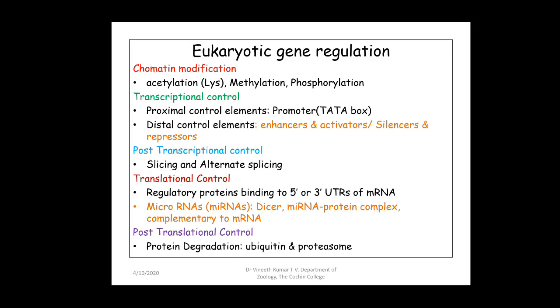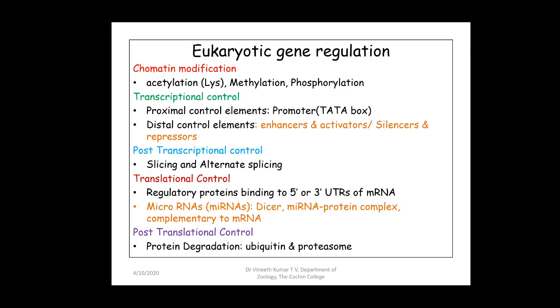That means you inhibit the gene from transcribing; you do not allow the gene to be transcribed. That is called chromatin modification. Either you can activate it or you can inhibit it at the level of DNA itself. You can switch transcription on and off at the level of genes.